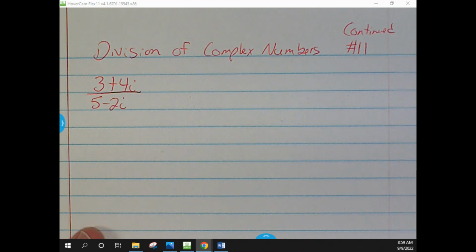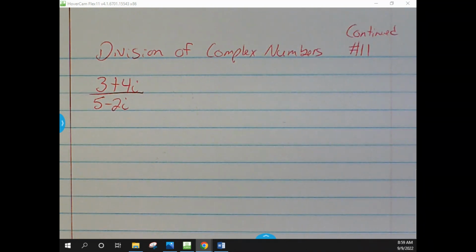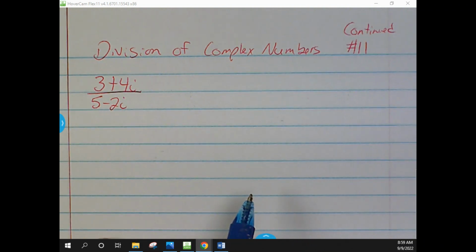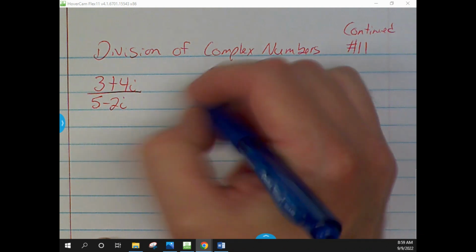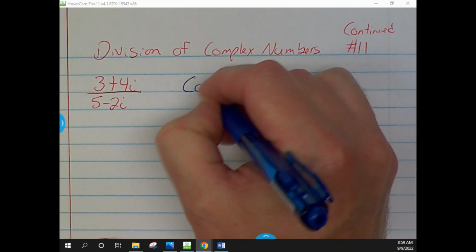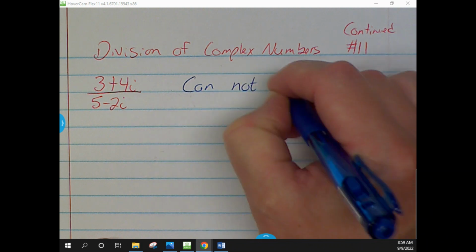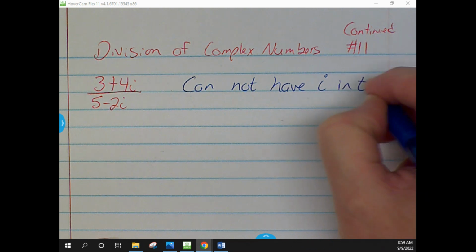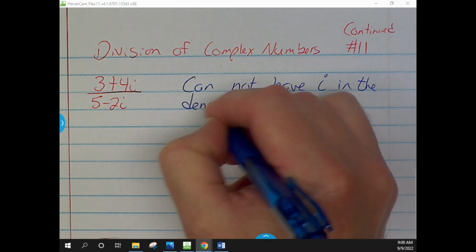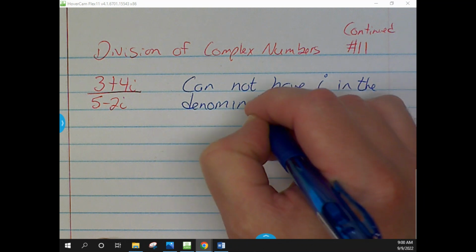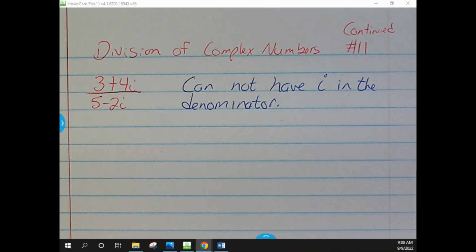All right, here's the one catch. Here's the one thing that they talk about with division. Because it's imaginary numbers, if it's going to be in simplest form, you cannot have i in the denominator.